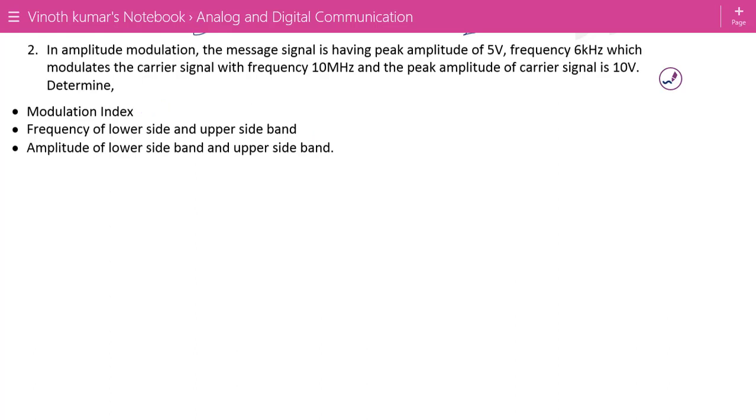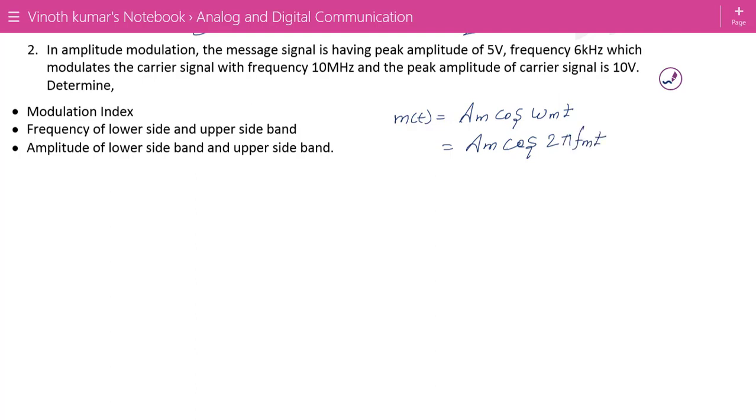So here the given data are: the message signal can be expressed as m of t equals Am cos omega mt. So this can be written as Am cos 2 pi fmt.